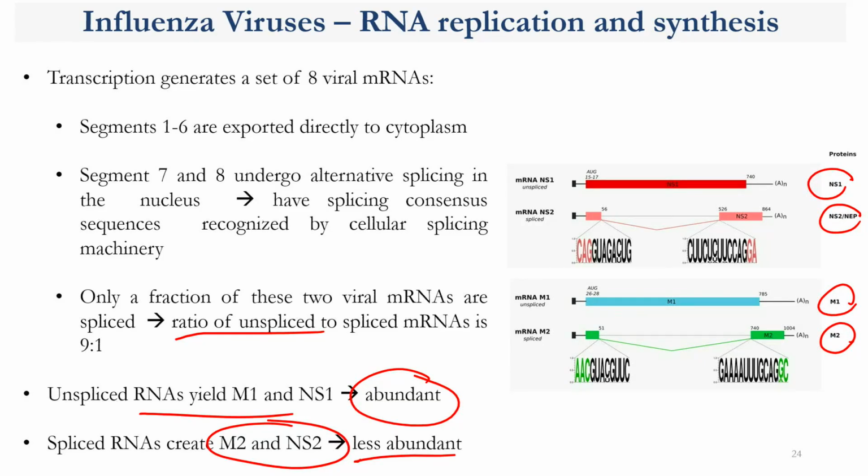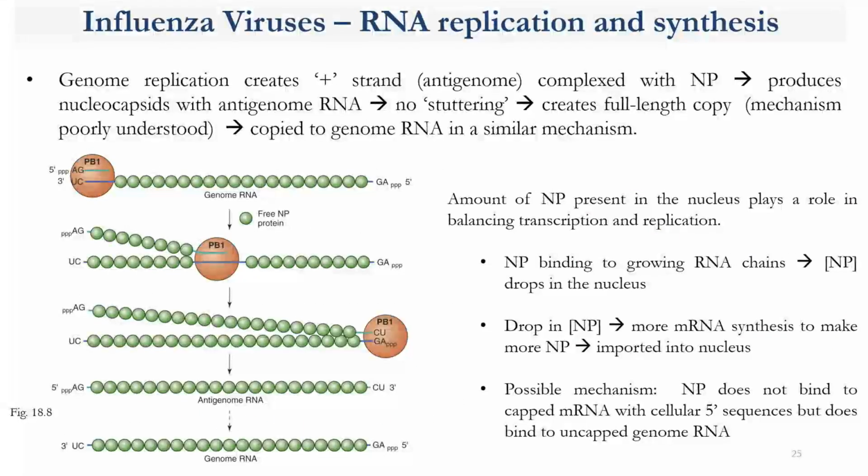Okay? Now the question becomes, how do we actually switch from transcription to replication? Because you're not just making mRNA, you also need to make a copy of the genome. And this is a very elegant mechanism that controls the switch based on concentrations of a specific protein.